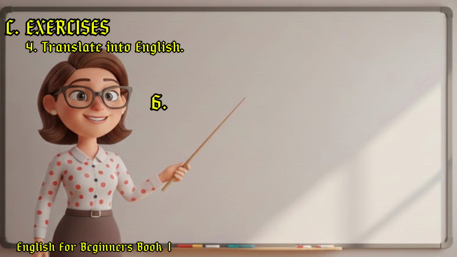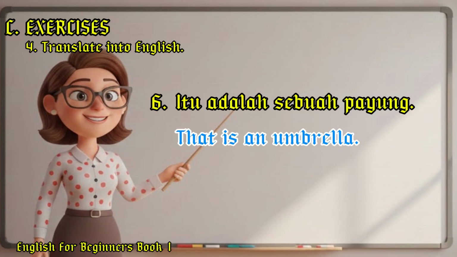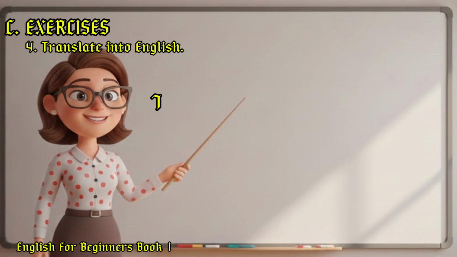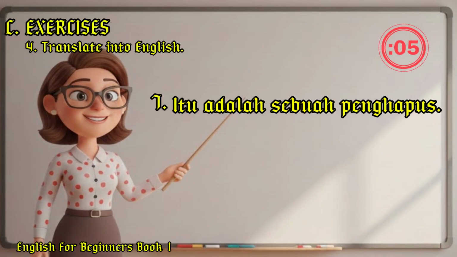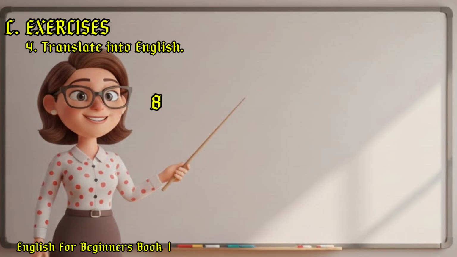6. Itu adalah sebuah payung. That is an umbrella. 7. Itu adalah sebuah penghapus. That is an eraser. 8. Itu adalah sebuah buku.